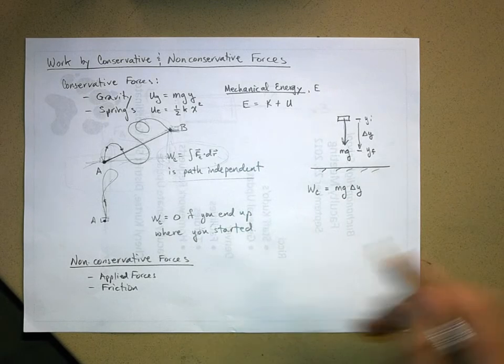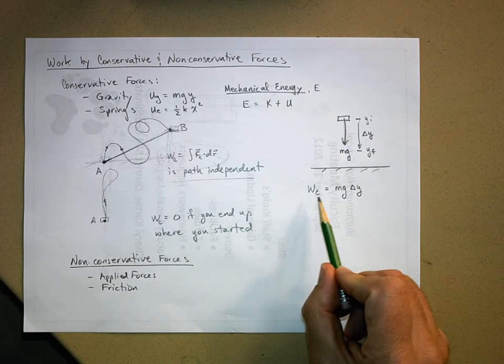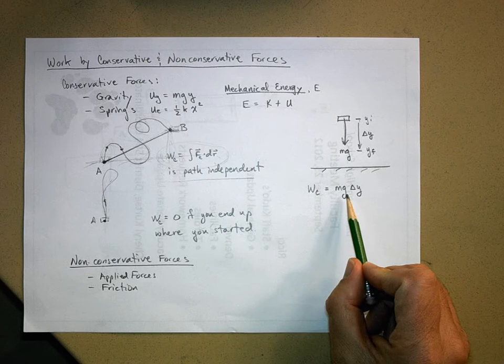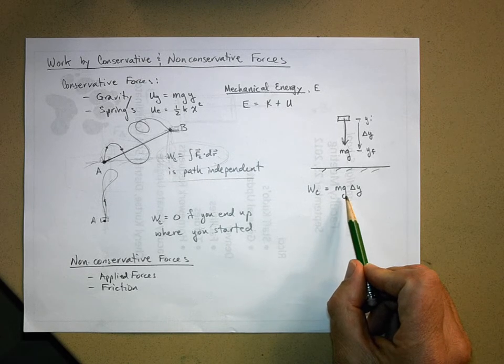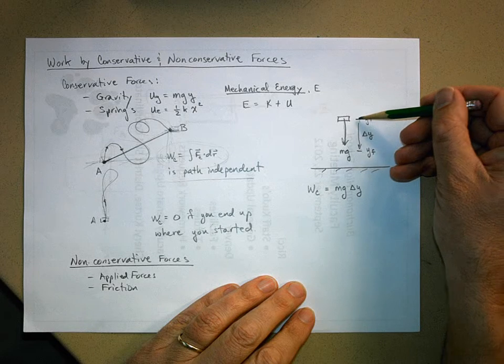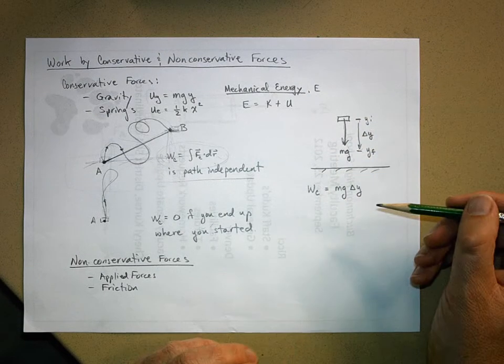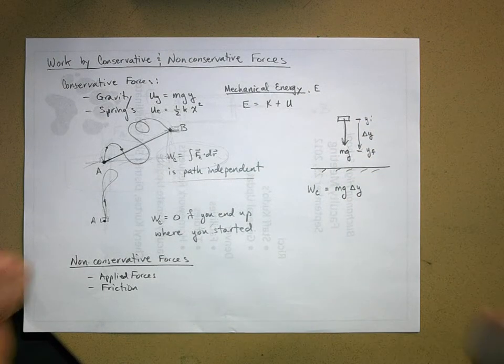But I think it's very easy for you to notice something here: when I go from here to here, I'm going to lose gravitational potential energy. Okay, now this is a big deal.